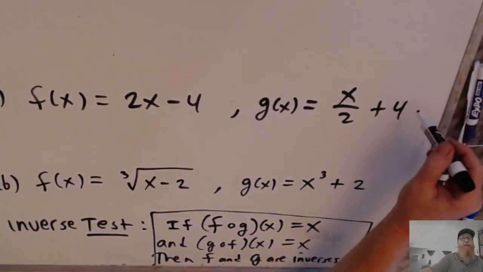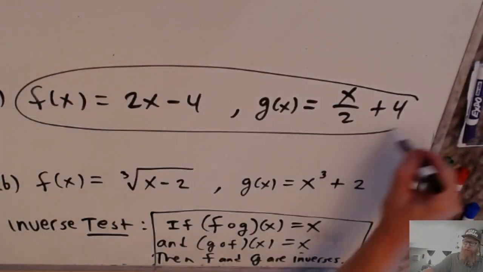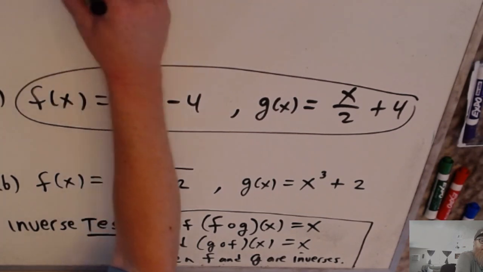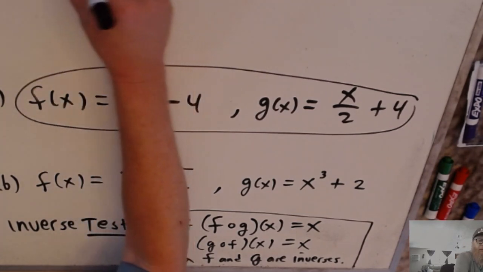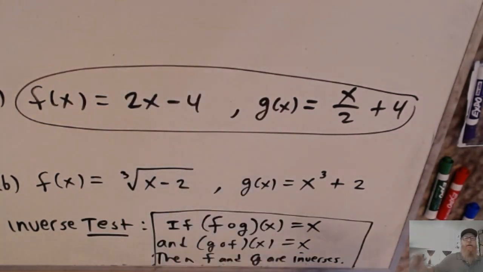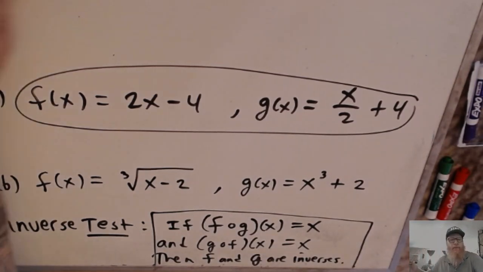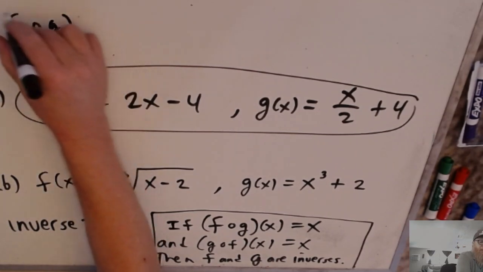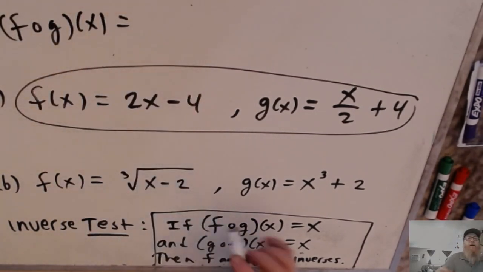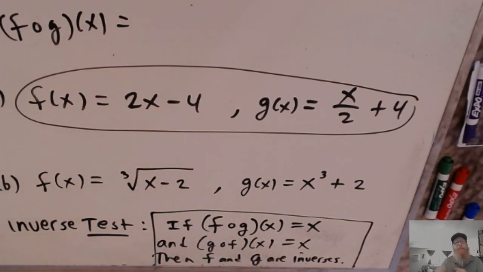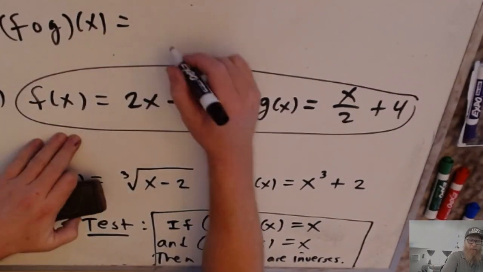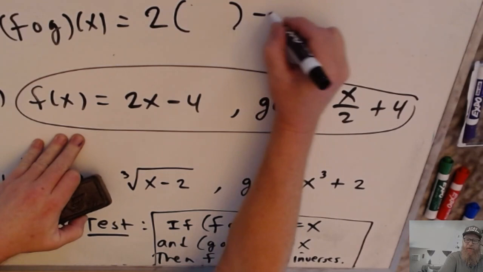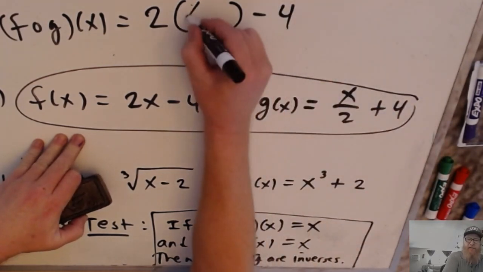All right, so let's try this one first. Let's go ahead and test f of g of x. If it passes the f of g test, then we give it the g of f test. So we're going to take f and put g inside of it.